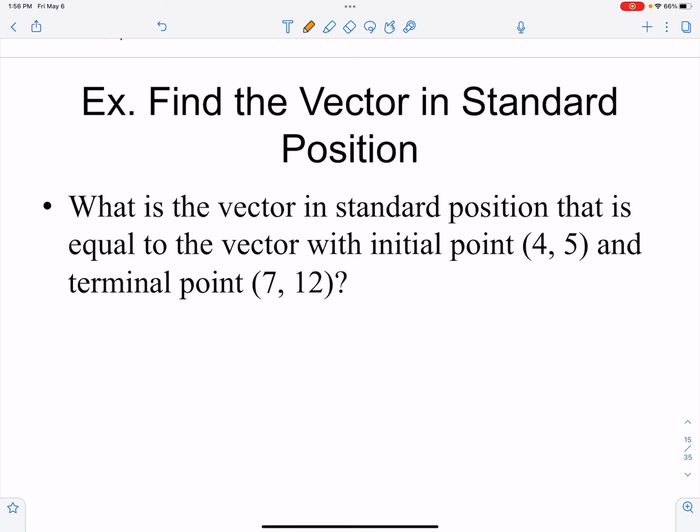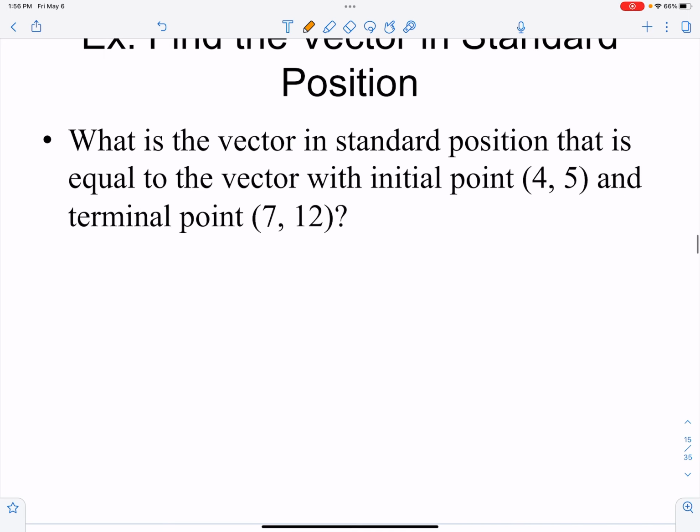So what is a vector in standard position that is equal to the vector with the initial point at 4, 5 and a terminal point at 7, 12? So it may help at first to sketch a picture of this.